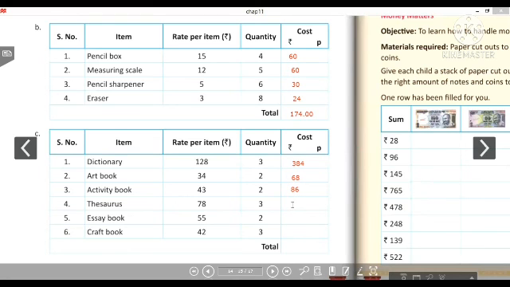Thesaurus, ये भी एक तरीके की डिक्शनरी ही होती है. So 78 multiplied by 3 is equal to 234. And 55 multiplied by 2 is equal to 110. And last one is 42 multiplied by 3, which is equal to 126.